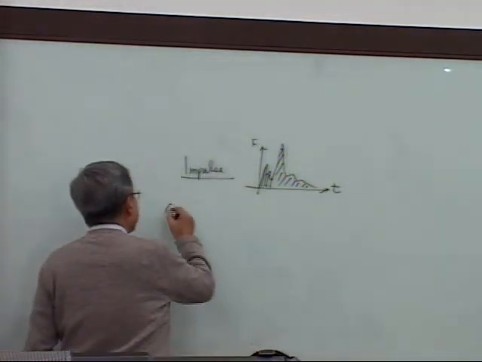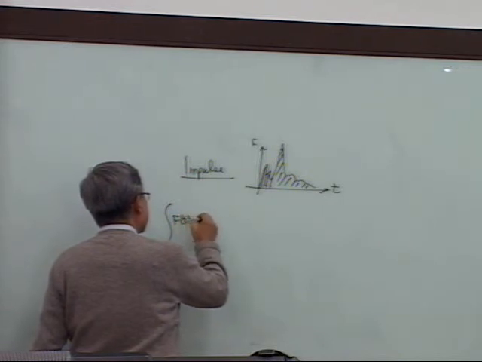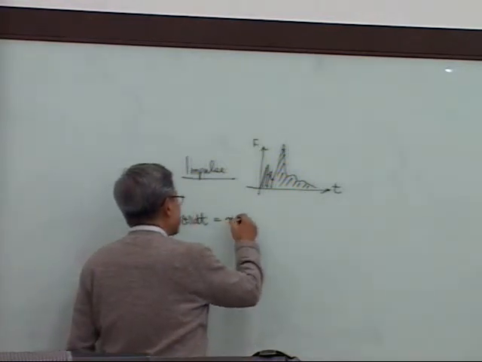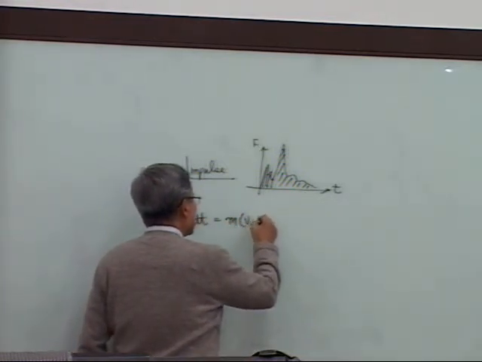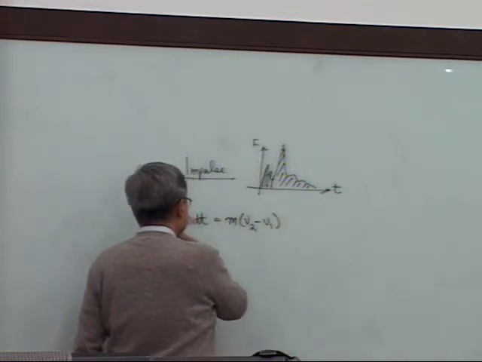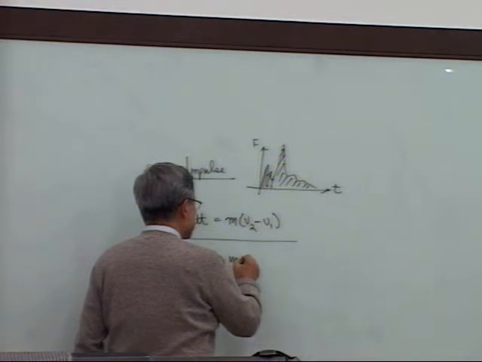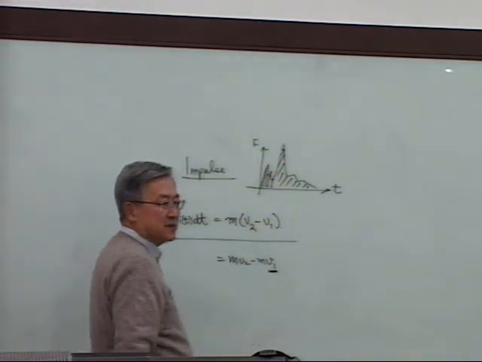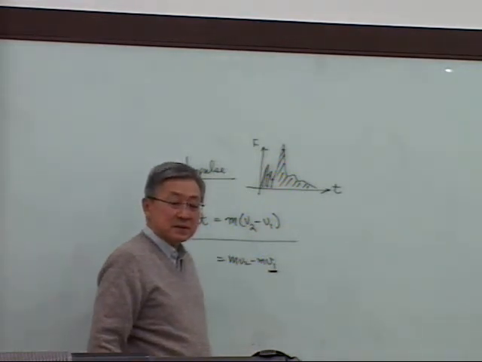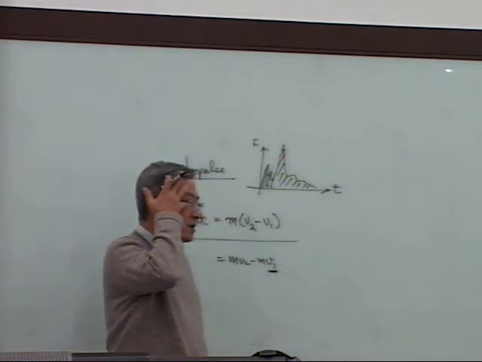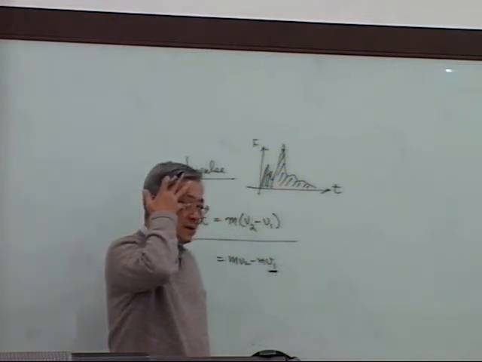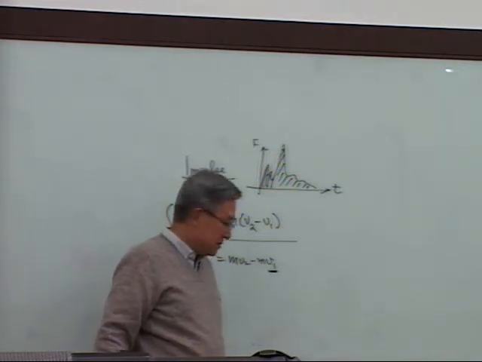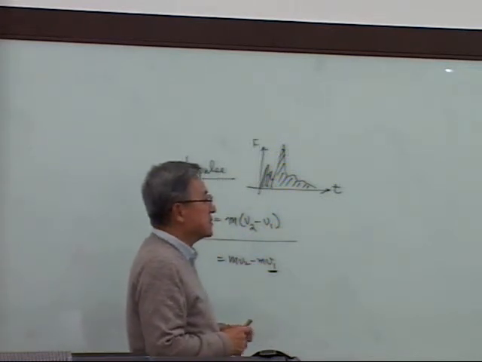So impulse is the integral of F dt, which is the change in momentum: mass times V2 minus, for example, V1. For the on-deck situation, the initial velocity could usually be 0. Or not 0, if you're dealing with the kickoff velocity, it's not 0. So that's what you have to deal with.